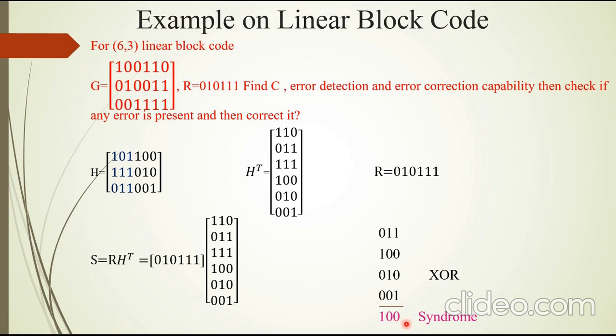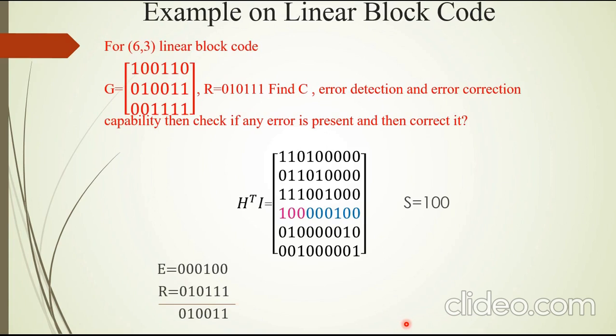So I represented H transpose, I. So this is H transpose and this is I. So I would be 6 cross 6 matrix. So the output of syndrome was 100.